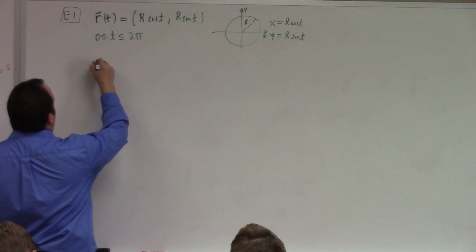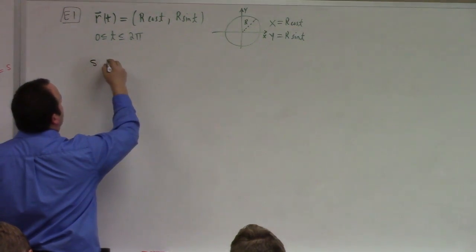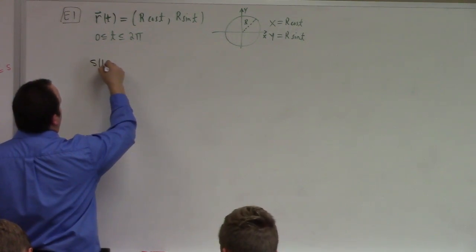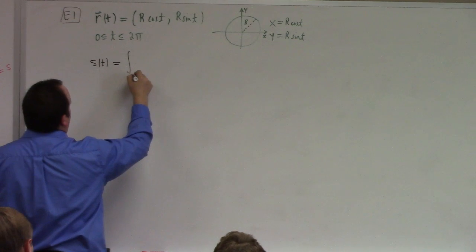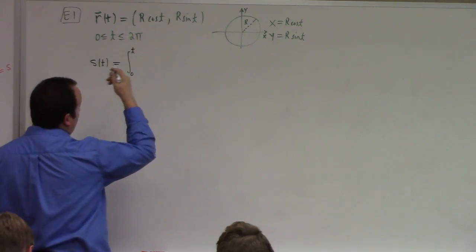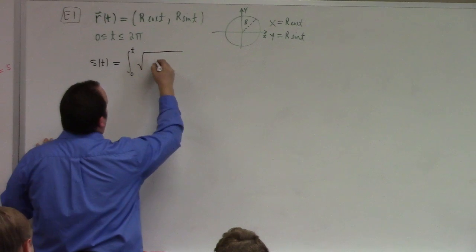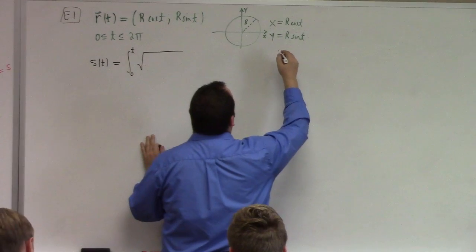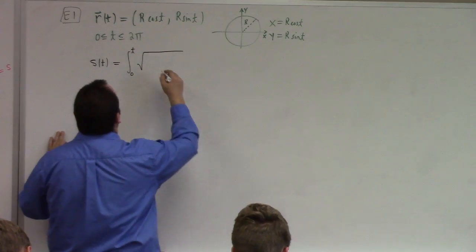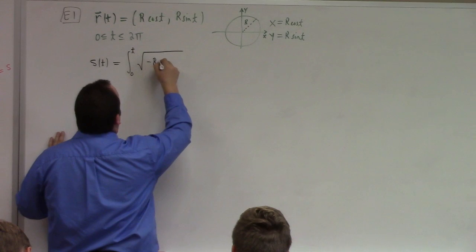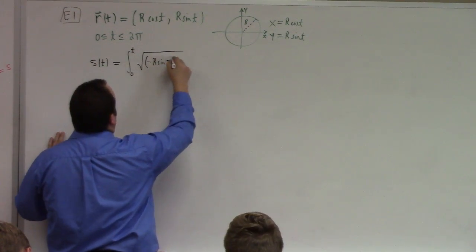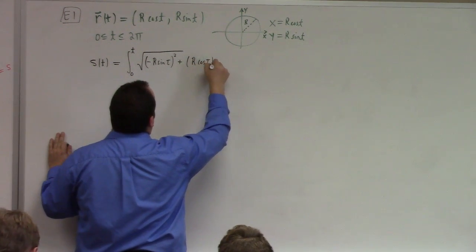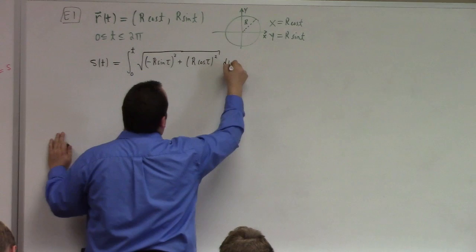In fact, we can calculate its arc length function while we're at it. Let's do that. Based at 0, s of t should be the integral from 0 to t of the square root of, let's see here, we get minus r sine tau squared plus r cosine tau squared, d tau here.